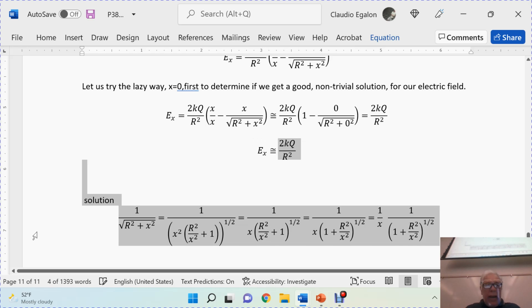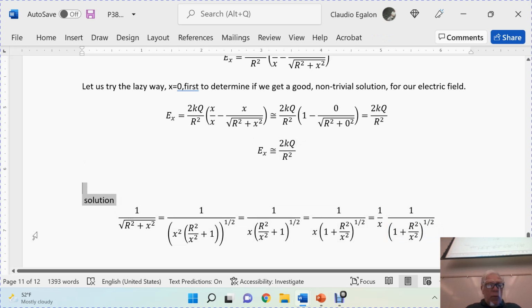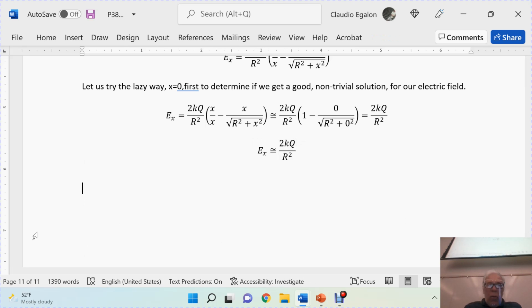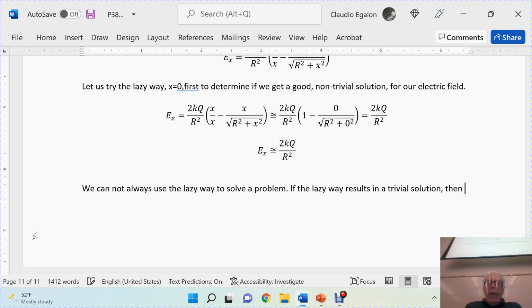Oh, and don't forget, we cannot always use the lazy way to solve a problem. If the lazy way results in a trivial solution, then you must apply the binomial approximation to get your non-trivial solution.